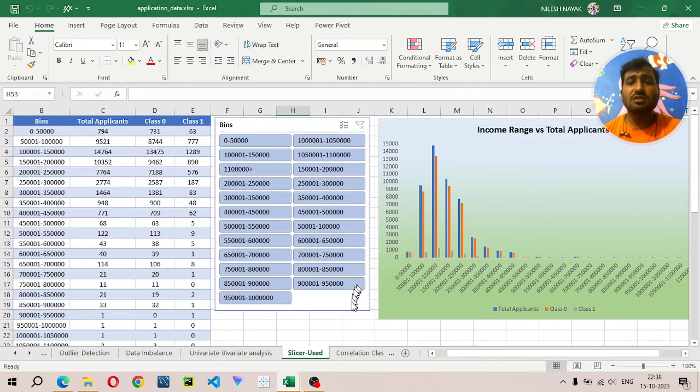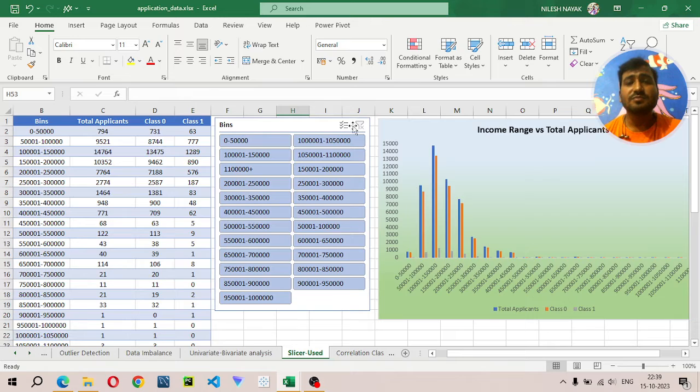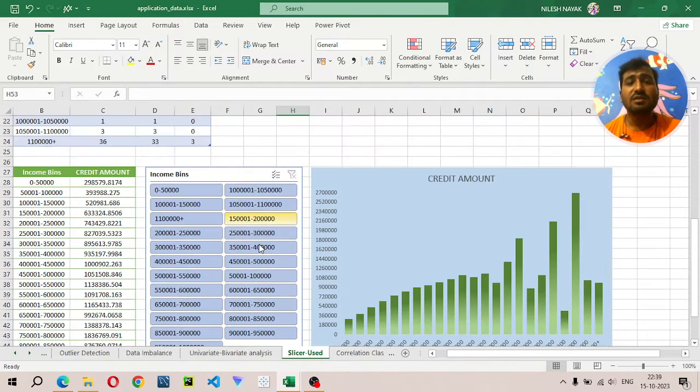To show more knowledge, I have implemented a slicer. It can perform filtering on the data. The same slicer has been created for bivariate analysis also.